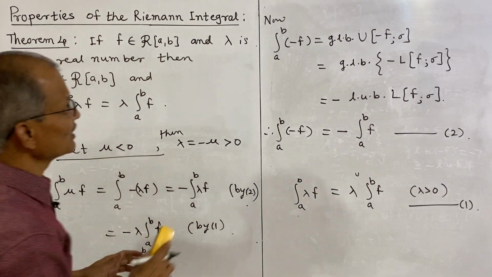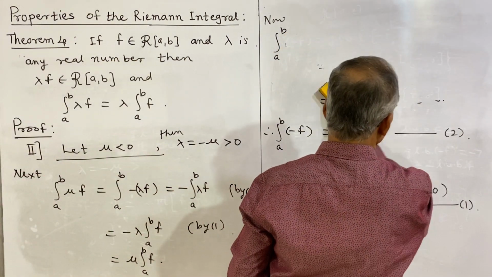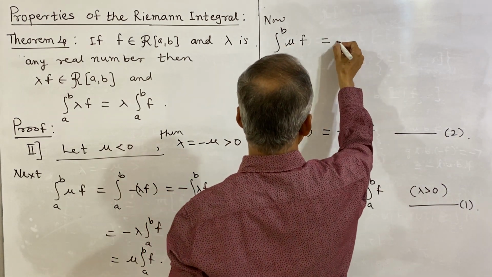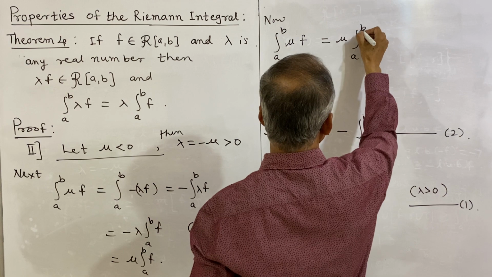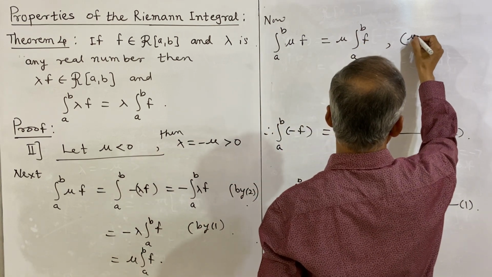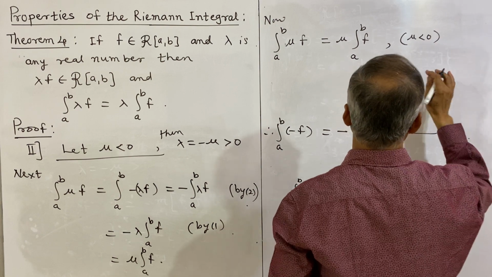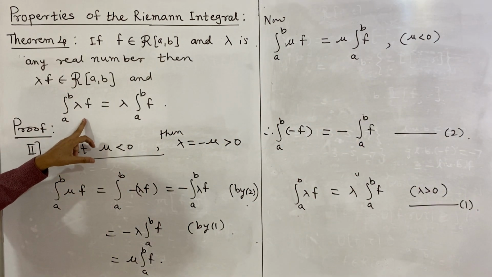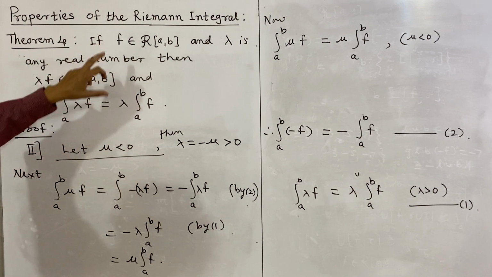Thus we have proved that the integral from a to b of mu f is equal to mu times the integral from a to b of f, where mu is less than 0, and this proves that the result is true when the constant is negative.